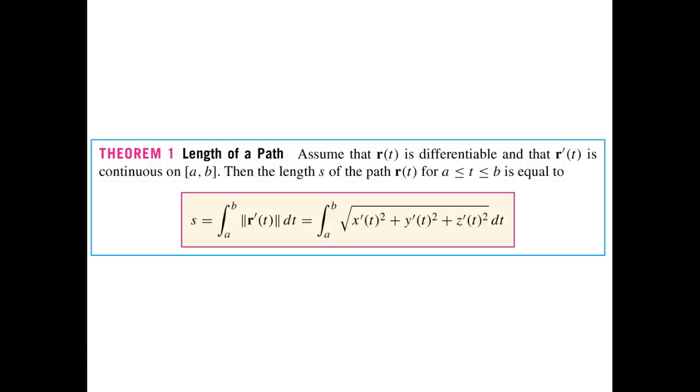And the strange thing is, in differential form, this is exactly how it comes out. If you were to write this out, this x prime would be dx dt squared plus dy over dt squared plus dz over dt squared.